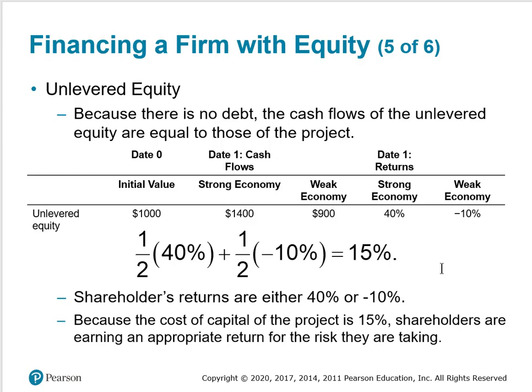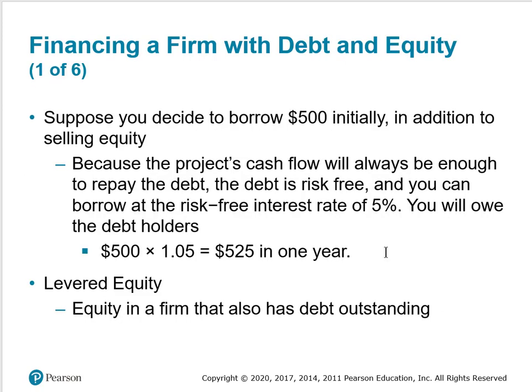If you look at how you calculate that, this unlevered project has a return of around 15%. And because the cost of capital is 15%, we're getting the right kind of return for the risk that we're taking.